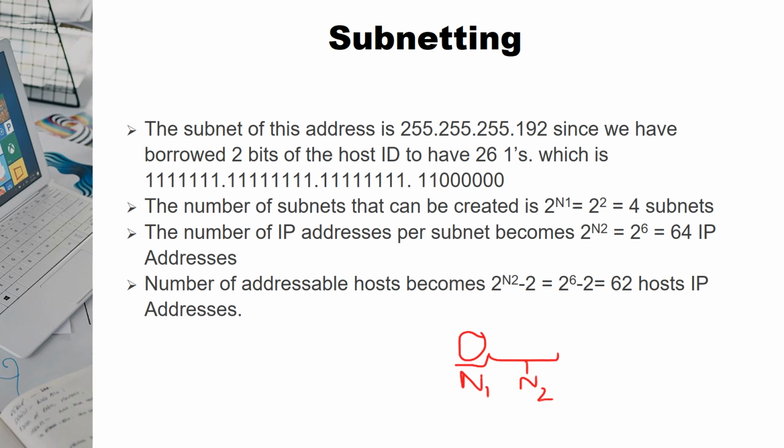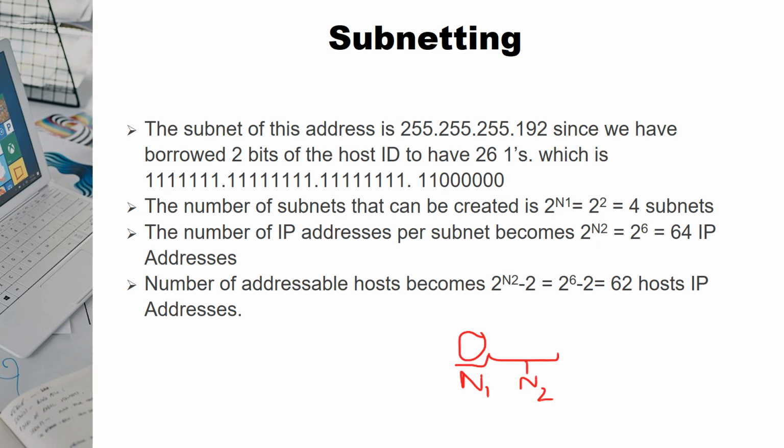Then the number of IP addresses per subnet is 2 to the power of n2, where n2 is the number of zeros that are left in our host part. And we have 6 zeros.